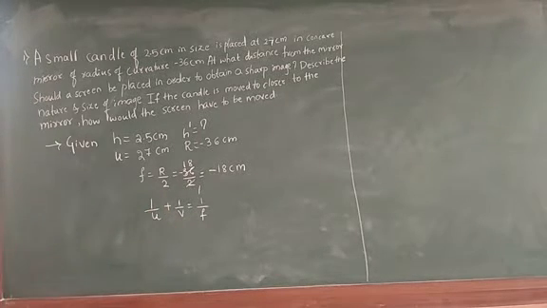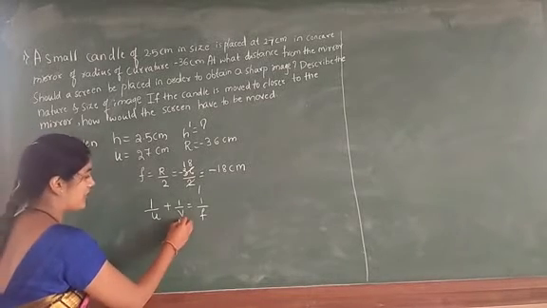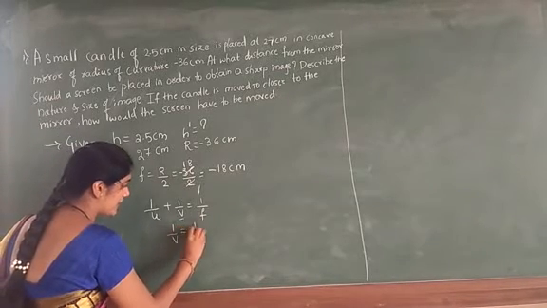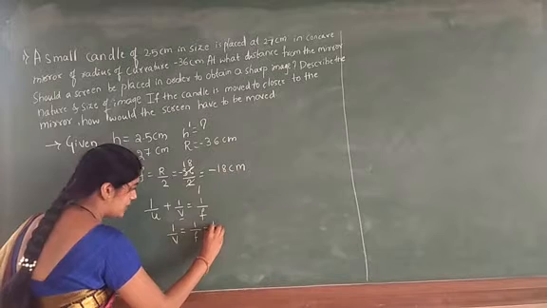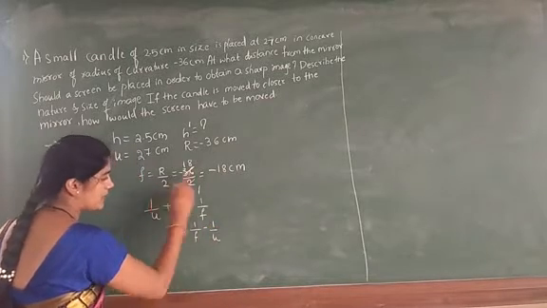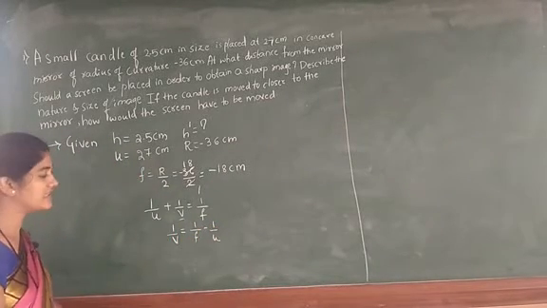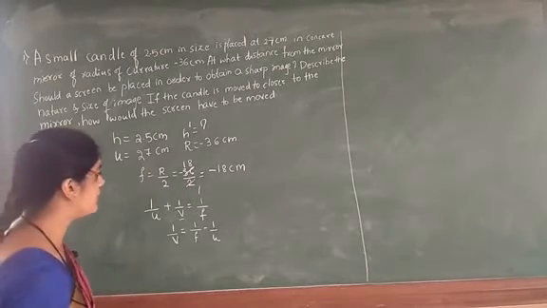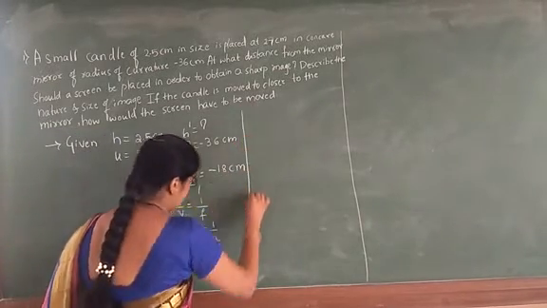Just put the value of u and f and we can find the value of 1 by v. 1 by v is equal to 1 by f minus 1 by u. Just take 1 by u to this side. Now we put the value of f and u.